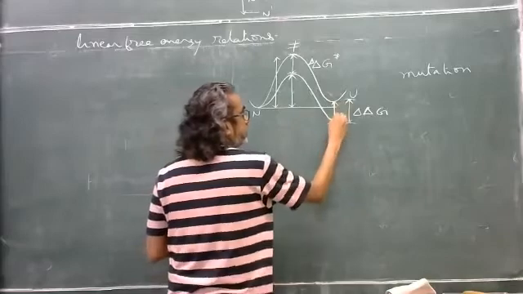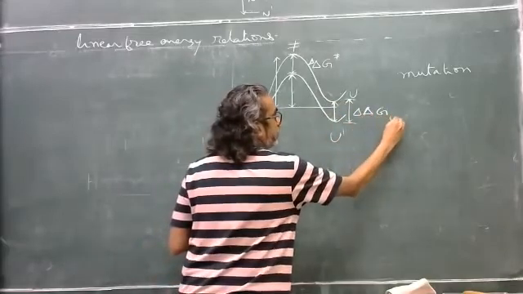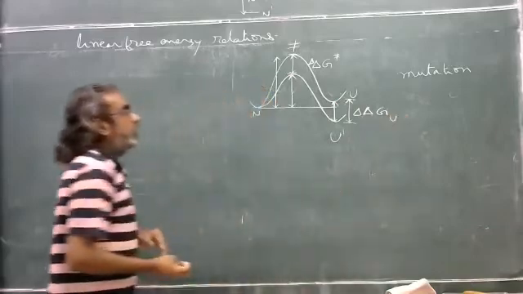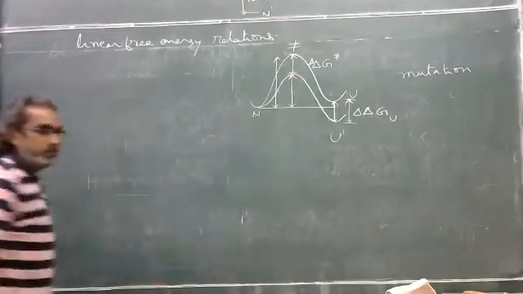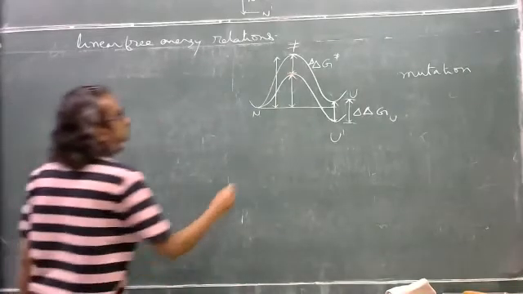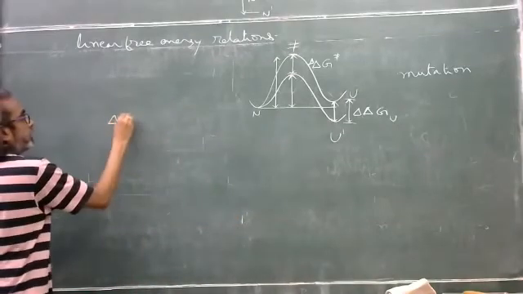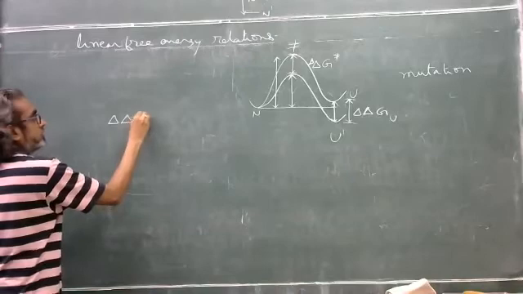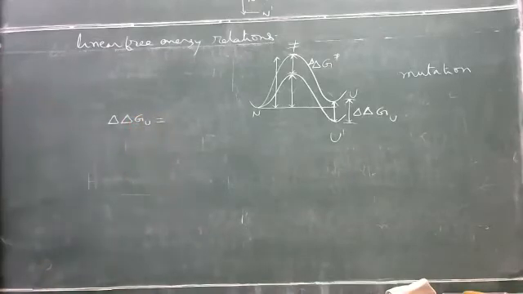And this stabilization is basically delta G unfolded. If the transition state is somewhere in between, then delta G U is, let's say, a fraction of delta G.